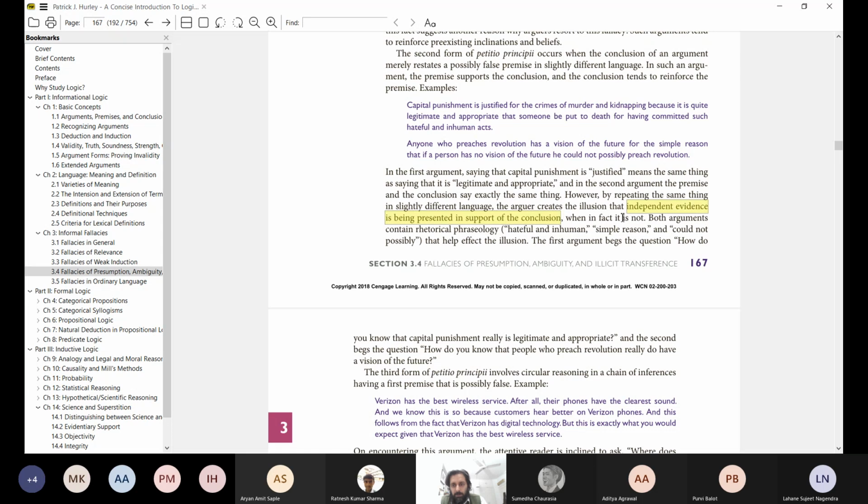So that word independent is what's key here. In general, in an argumentative context, somebody offers me a conclusion and I say, I don't agree with that. Give me a reason to believe it. If you just restated the conclusion as a premise, well, I'm going to disagree with that also, right? I want some independent evidence.